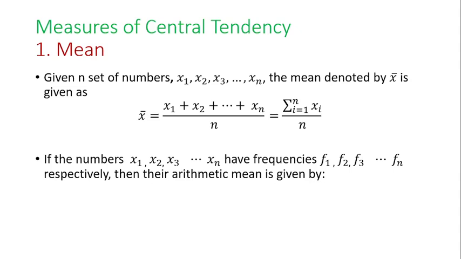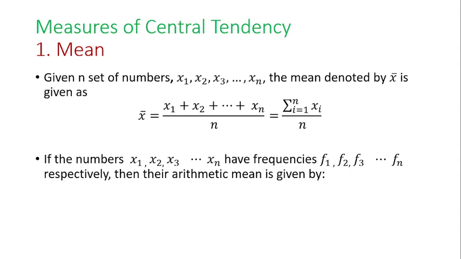Those that weigh 35, there are 10 of them. So the number of times each value occurs is called frequency. So it means that x1 has a frequency of f1, x2 has a frequency of f2, x3 has a frequency of f3, and so on up to xn, which has a frequency of fn.